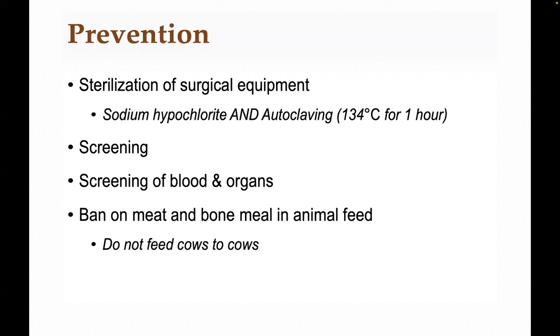So what are some of the prevention strategies? Sterilize surgical equipment very well. We can use sodium hypochlorite for those medical equipment that cannot be autoclaved. And then you can do screening of blood and organs, because it has also been shown that blood transfusion from people who are infected by prion disease can cause this disease to be transmitted to other people.